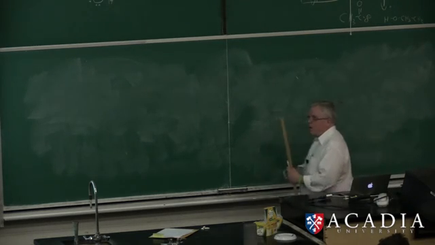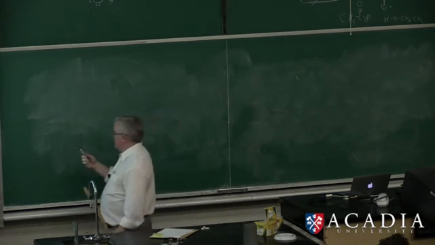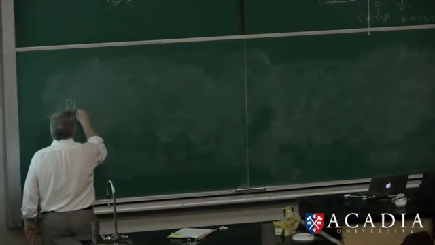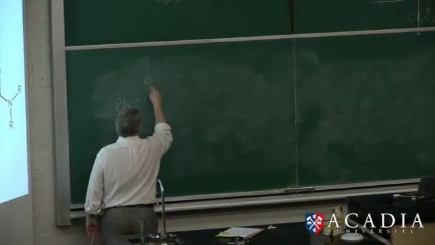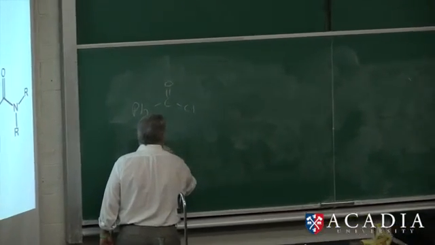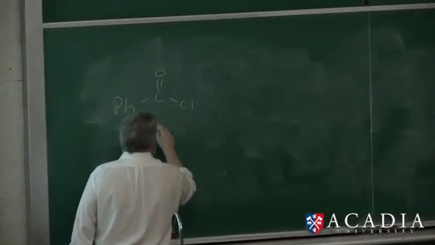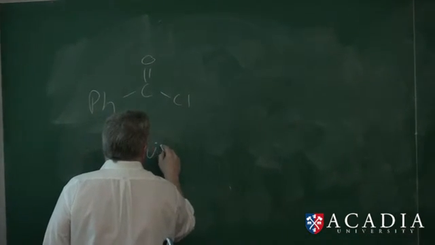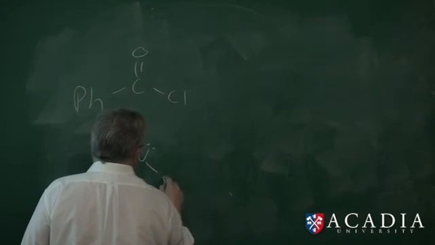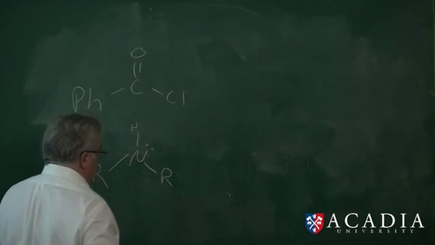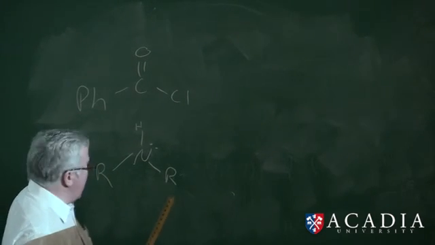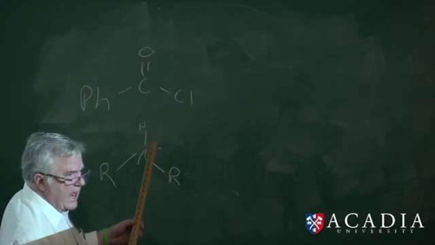We'll do the first one with this acid chloride. So we have Ph, and I have a dialkyl amine. We don't really need to activate this carbonyl because it's quite reactive.